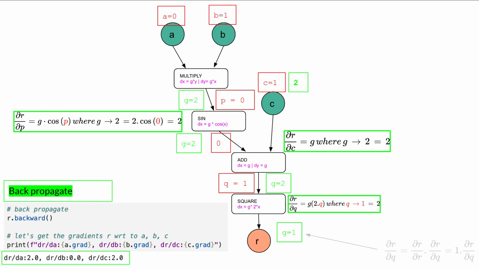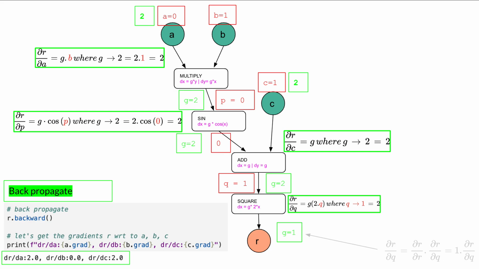That then becomes the input to the next parent node, which is a multiplication function. So if we do the partial of r with respect to a, that's going to be g times b, where g is set to 2 and b is set to 1. The answer is 2.